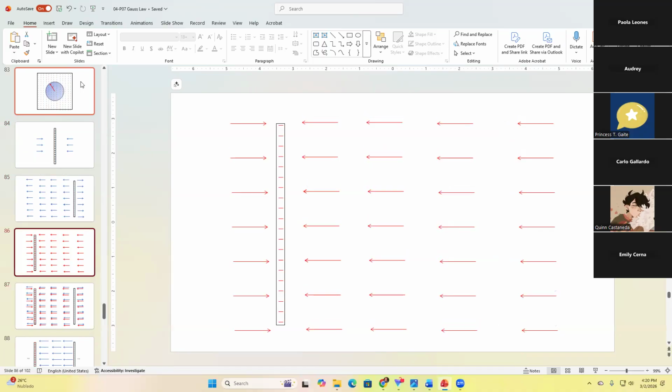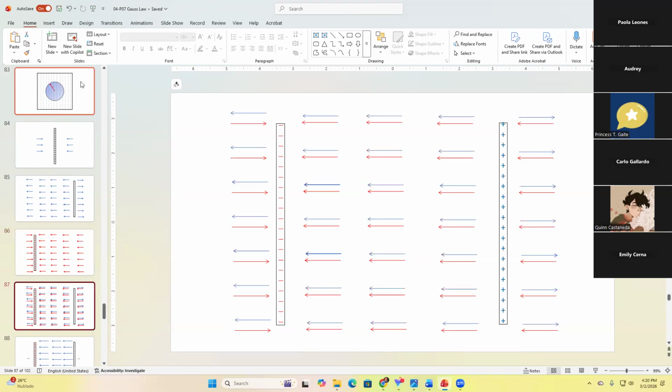But now, if we combine those two plates like we have in many electric and electronic devices, we can realize that the field outside the volume of those two plates is going to cancel out. Do you see what's happening? The electric field of the positive charge is to the right. The electric field of the negative charge on this side is to the left. Those two fields cancel out.